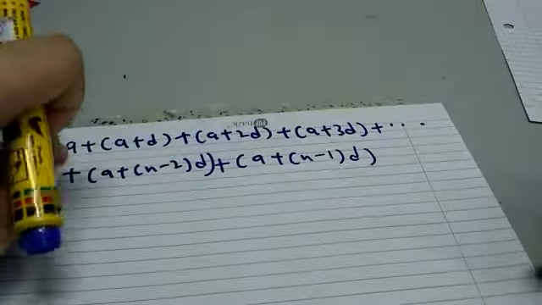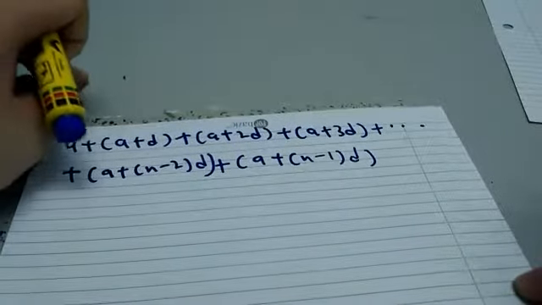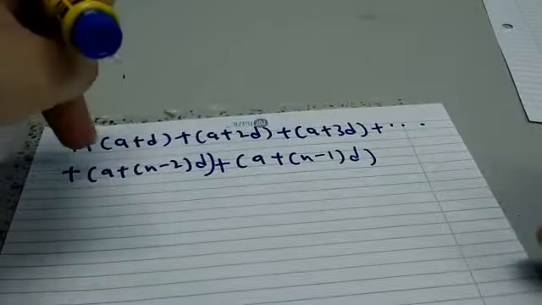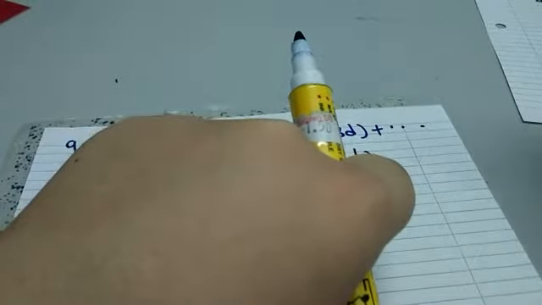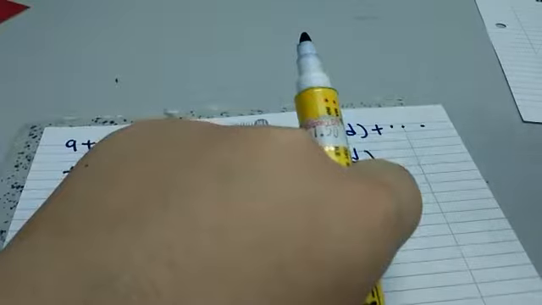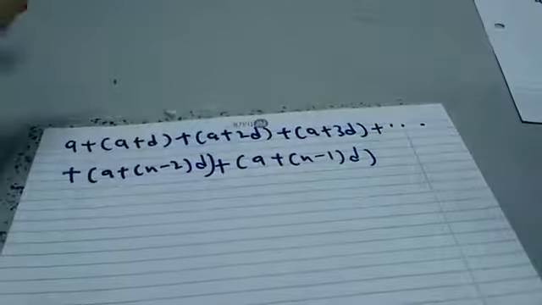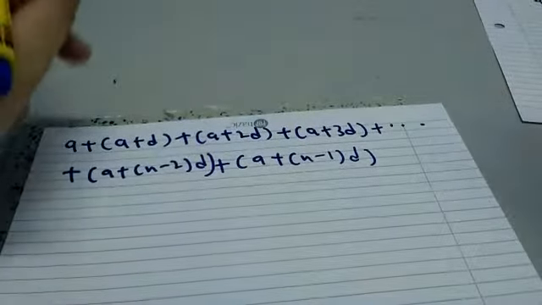From the first term to the last term, we have n terms. The last term of the first n terms is this thing. This here is the last term for the sum of the first n terms for the arithmetic progression. And from a to a plus (n minus 1)d, we have a total of n terms.